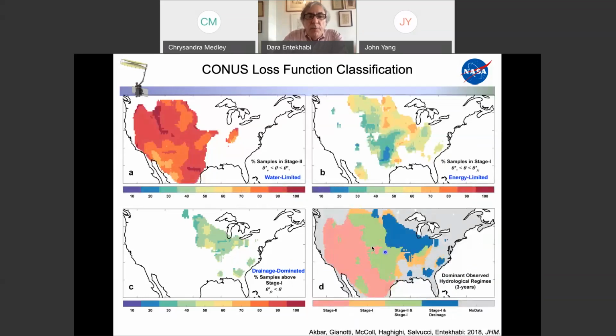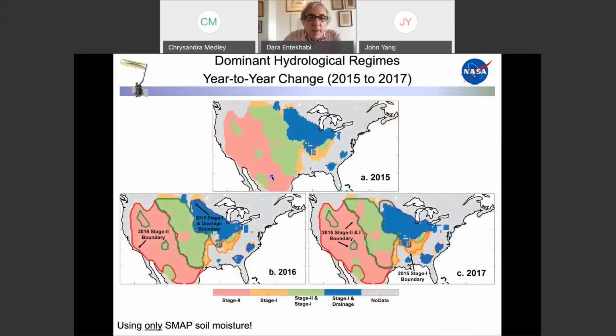Now, if we take these same three maps, we can then classify them into which of the regimes are present. The reason I do this is that this is not just a map of something that we could have guessed before, that the West is water limited, the East is energy limited. These things move from year to year, from week to week, month to month.